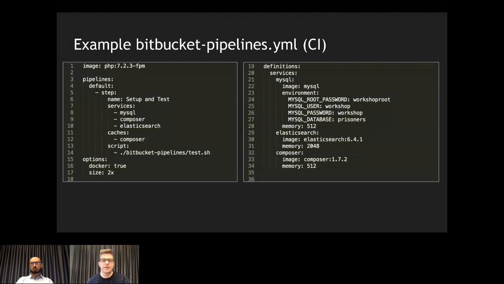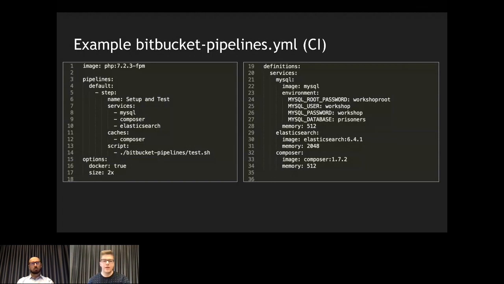For running tests, which is the continuous integration, we define the default step. The default means that this step will be executing each time, no matter what branch this is or what author this is or anything like that. It will run automatically for each branch and each commit. So we define the step that's named setup and test.